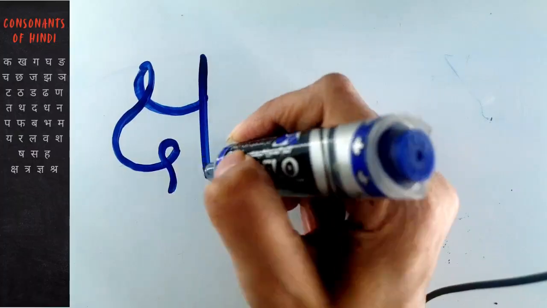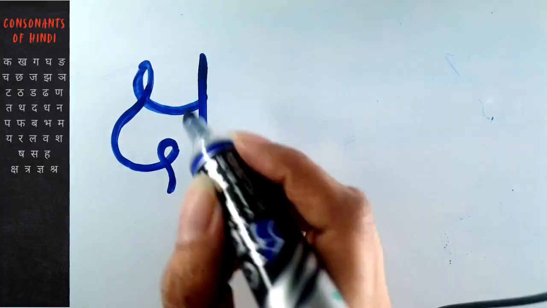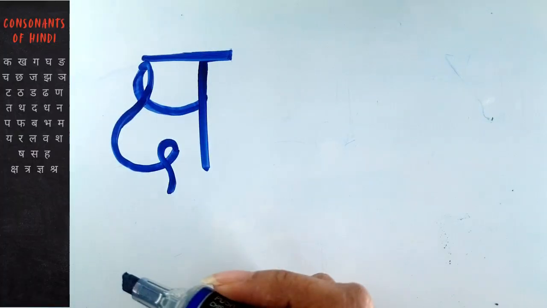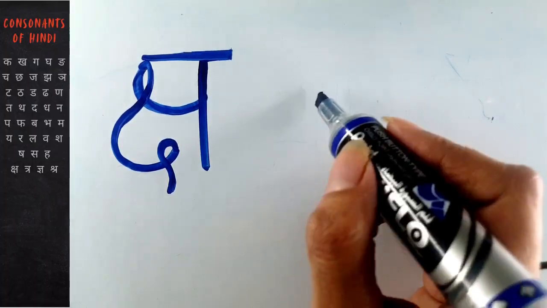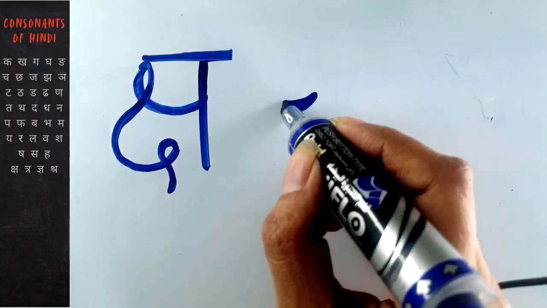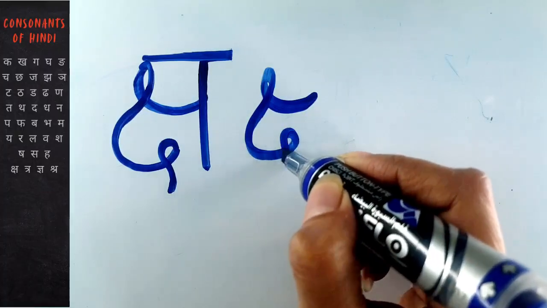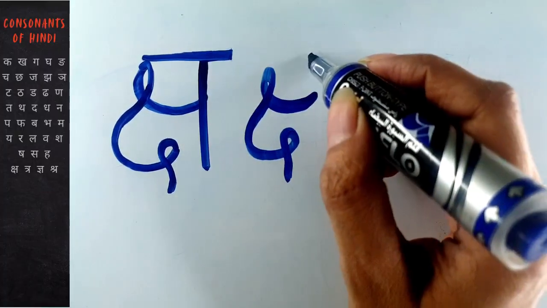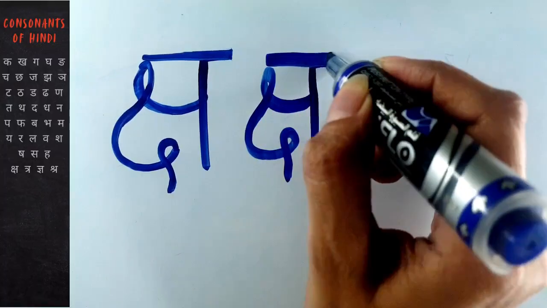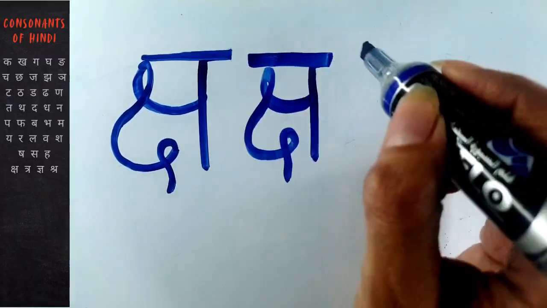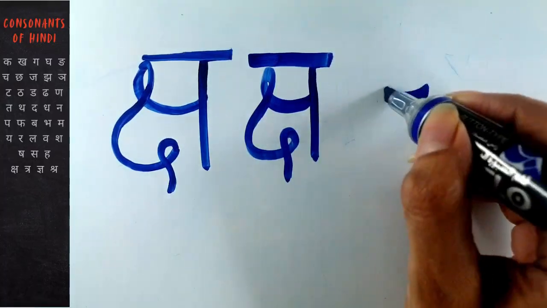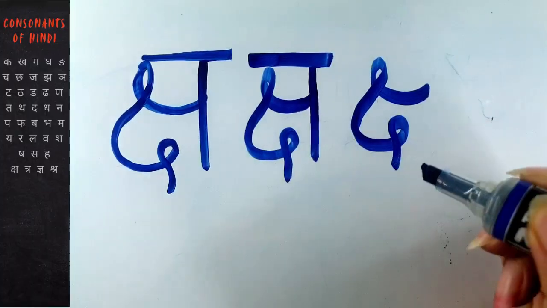And then you make your vertical and the top line. Let's try again. It's easier to just show rather than explain how to make it.